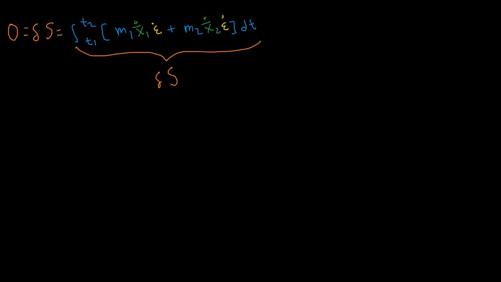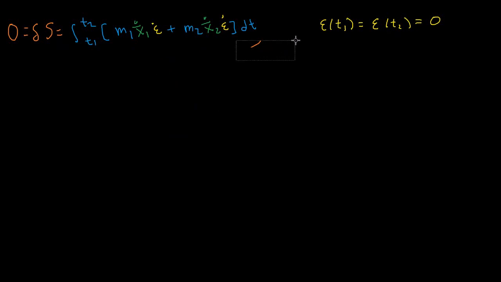And I should say that this is only true if we have the boundary conditions that epsilon of t1 equals epsilon of t2 equals 0. That's really the condition that we need in order for delta S to be equal to 0. If you think about the proof of the Euler-Lagrange equation, our true path only has delta S equal to 0 if we have these boundary conditions.